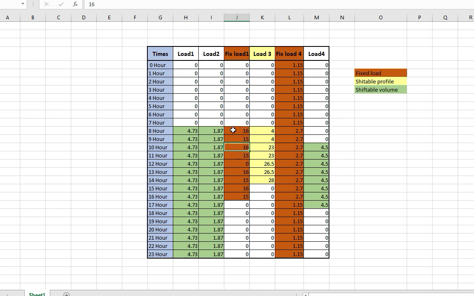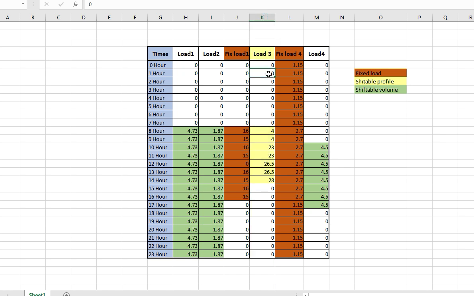For example, this fixed load has to be operated from 8 to 16 hours, in this pattern, and this other fixed load has to be operated through 24 hours with a specific load on each hour. There is another load, so it's called a fixed load. We have no choice to reschedule it.